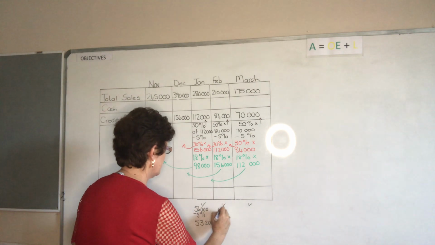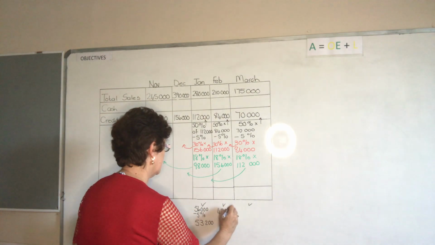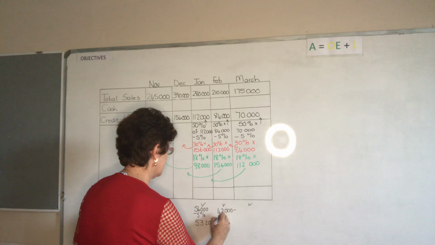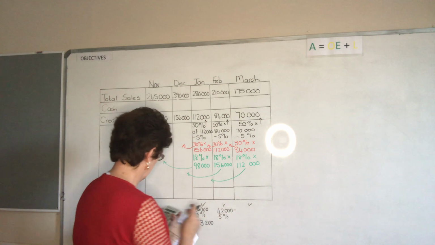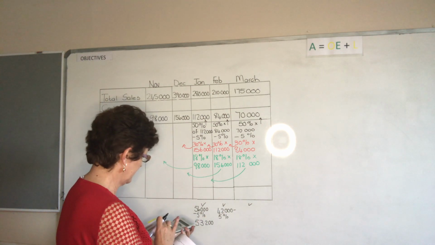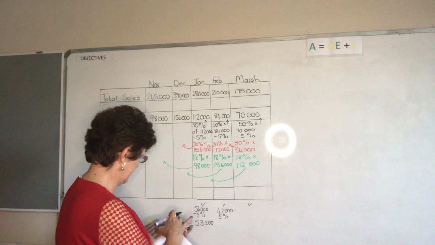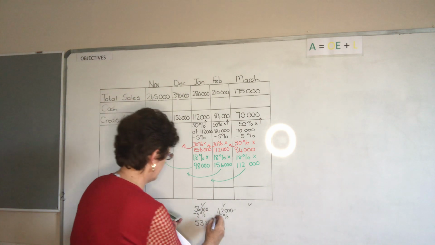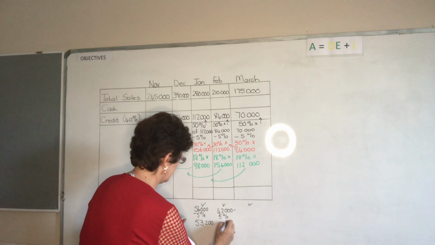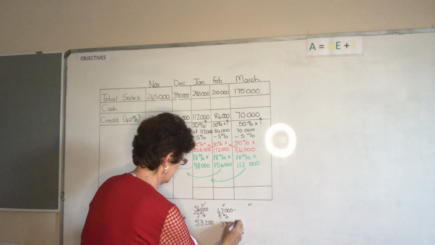That would be 42,000. But remember, minus the 5%, which gives me 39,900.